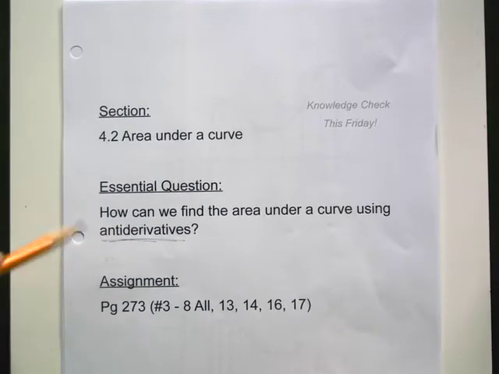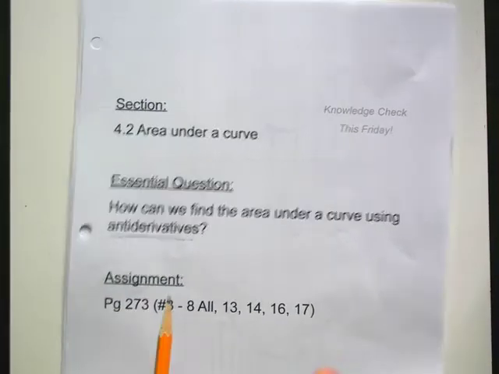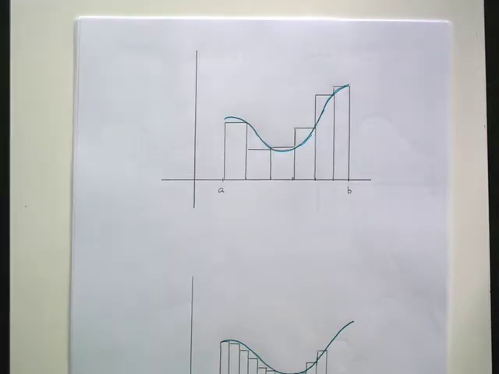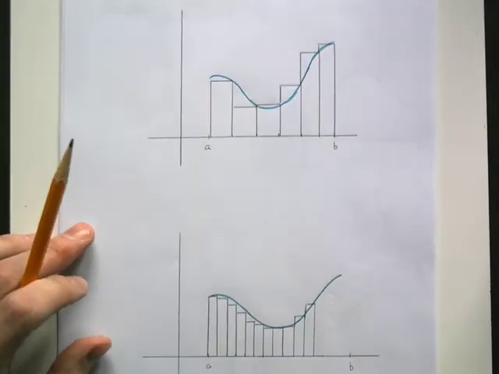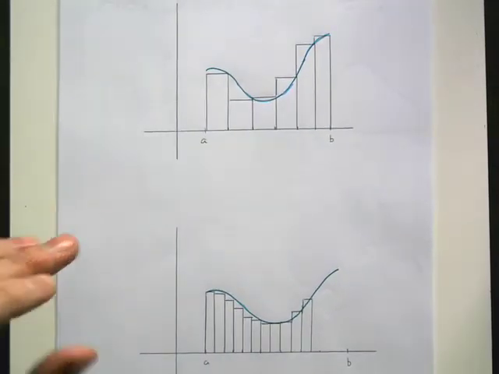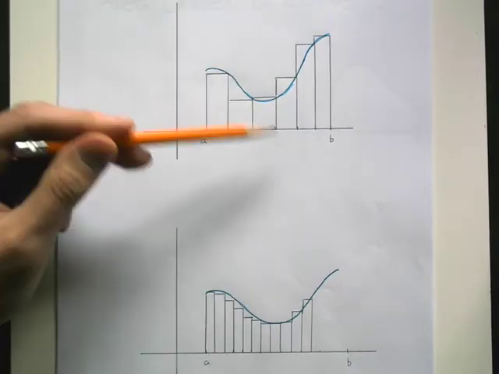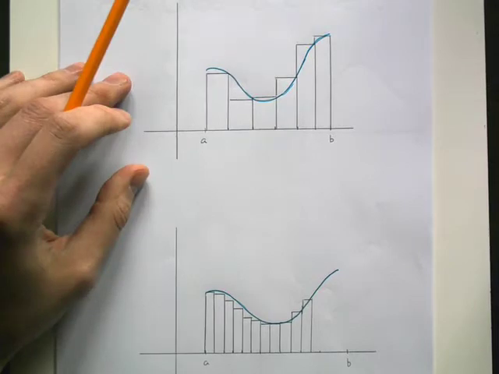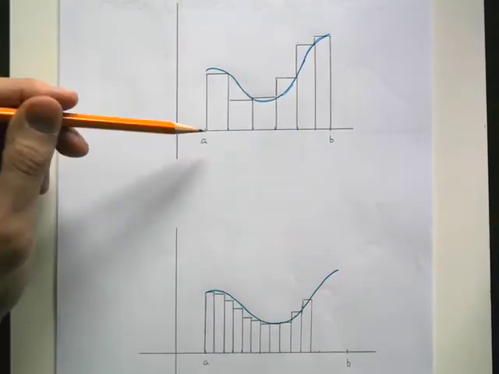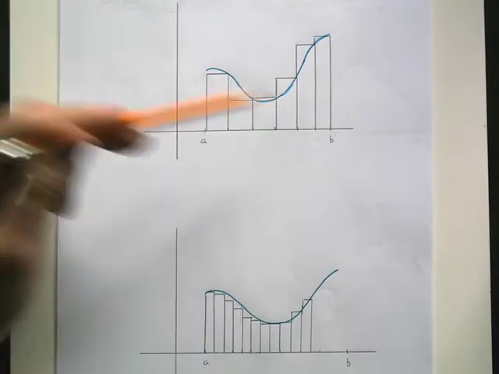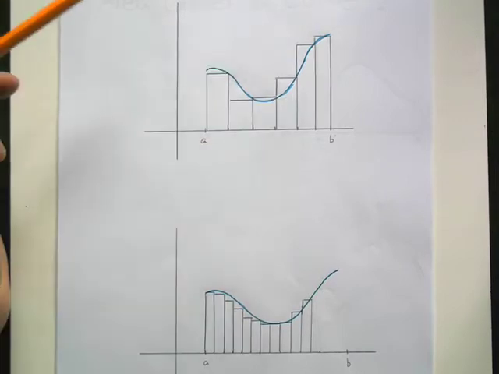Let me start by going back to those rectangles and take a look at a graph. These two are the same curve, or pretty close to the same curve, the blue curve here. Let's say you want to find the area from some interval a to b, and you're drawing these rectangles.